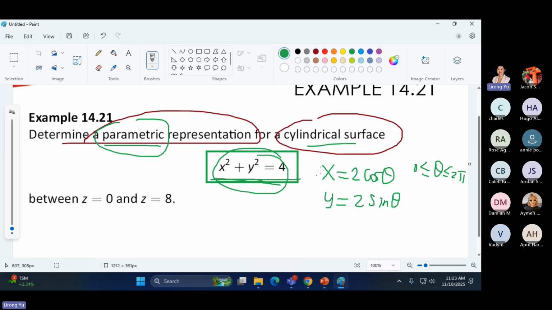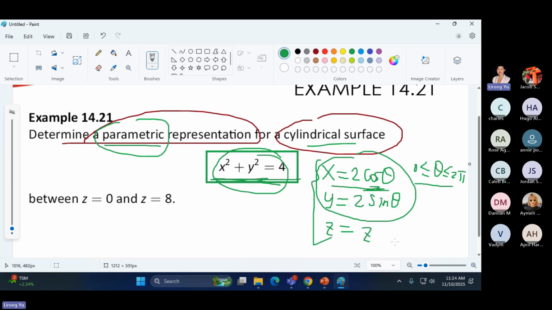But then there is one more thing: what about z? If you only have x and y with one single variable fitting this equation, that's a two-dimensional equation with a single variable. It's really a circle. It's one-dimensional, but the surface is supposed to be three-dimensional. So what about the z? Since we don't require any restriction on z, z just equals z.